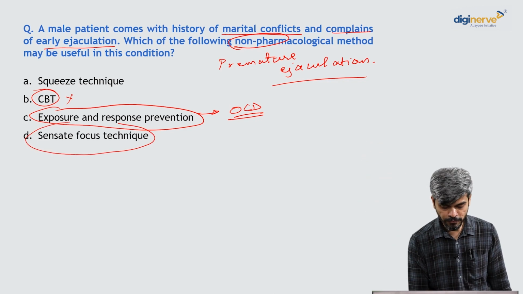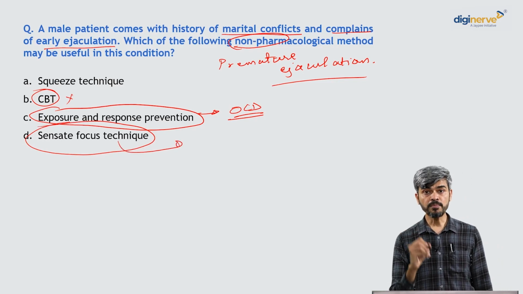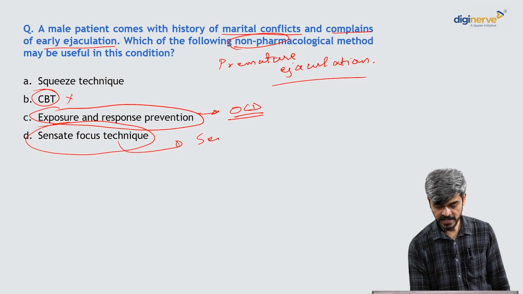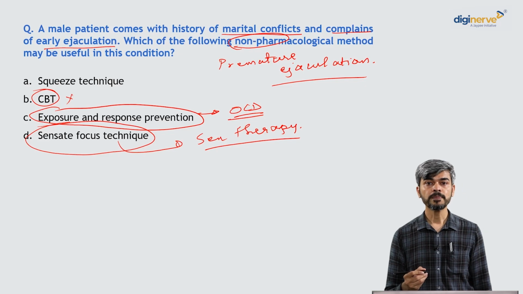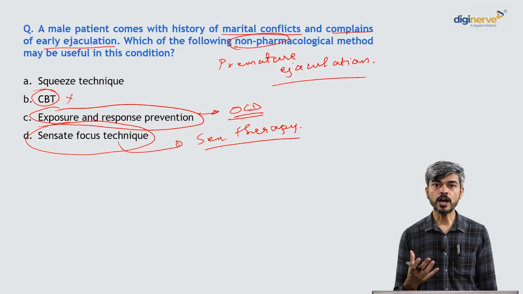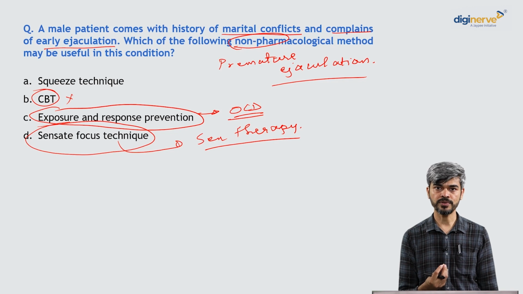Is it the sensate focus technique? The sensate focus technique is a very important form of sex therapy, okay? Here there is a set of steps which are used to teach individuals how to have a satisfactory sex life, especially if they are not attracted to their partner anymore, or they are not able to perform sex anymore, right?